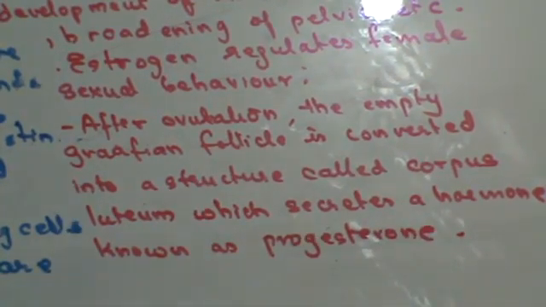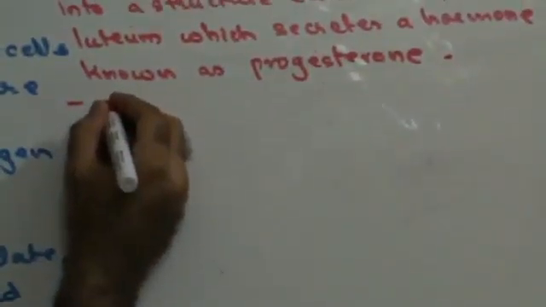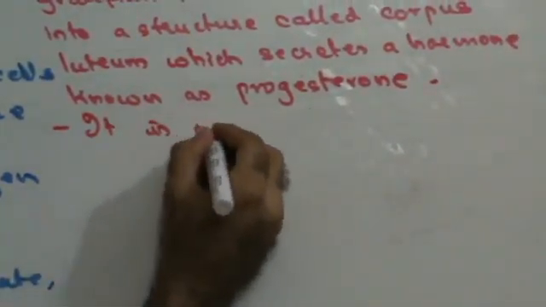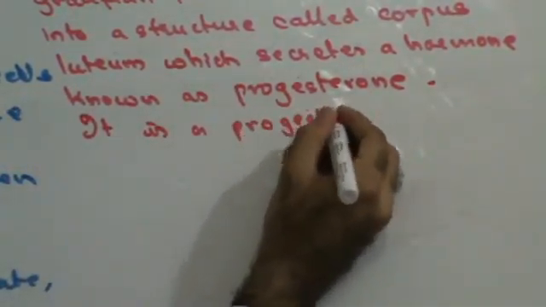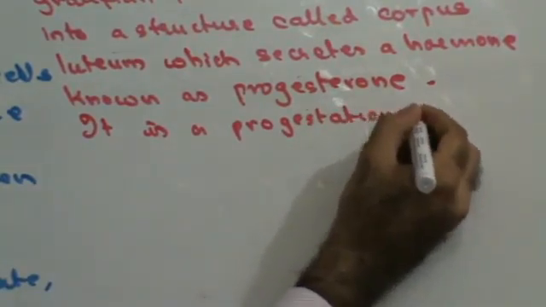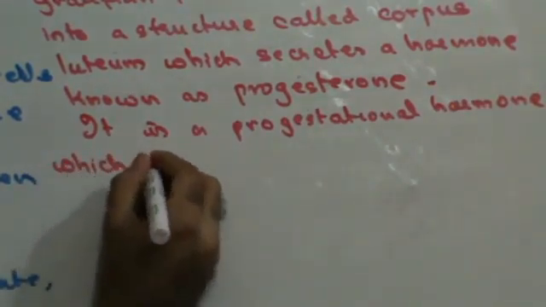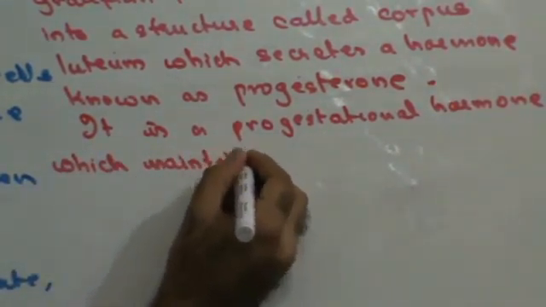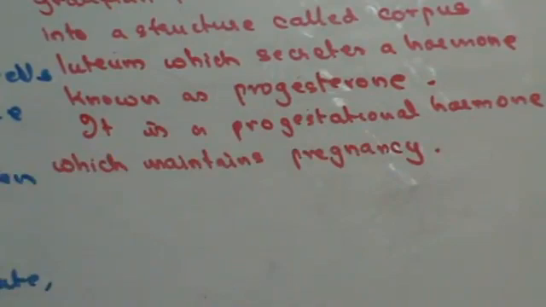So progesterone is secreted by corpus luteum. Progesterone is a progestational hormone which maintains pregnancy, right?